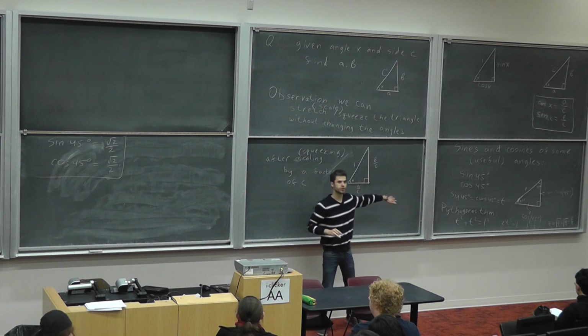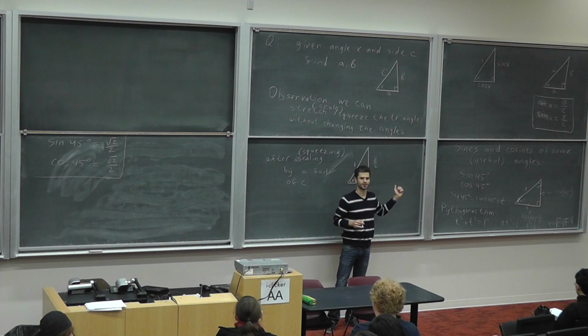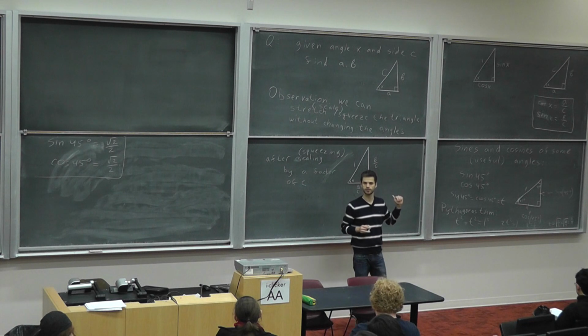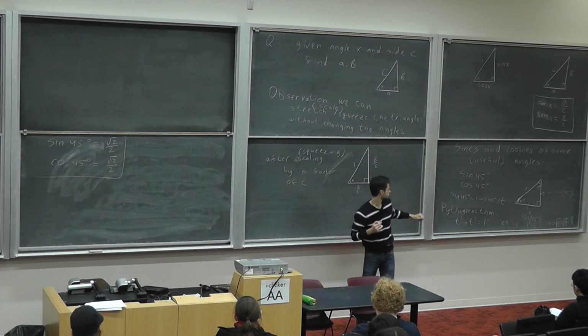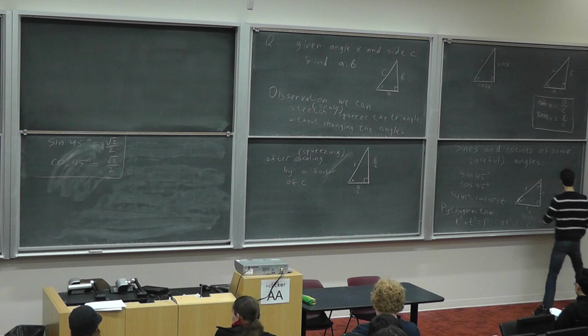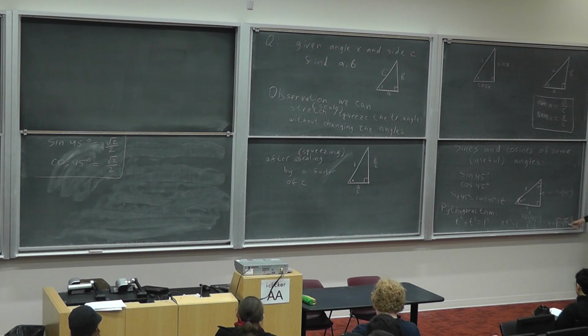Alright, that wasn't too hard. Any questions about this? Yeah, how did we go from the square root of 1/2 to the square root of 2 over 4? From here to here, I just noticed that 1/2 is the same as 2/4.